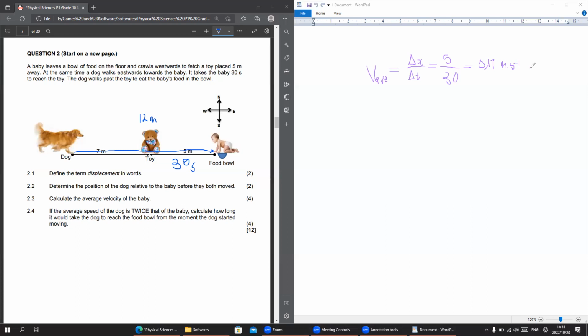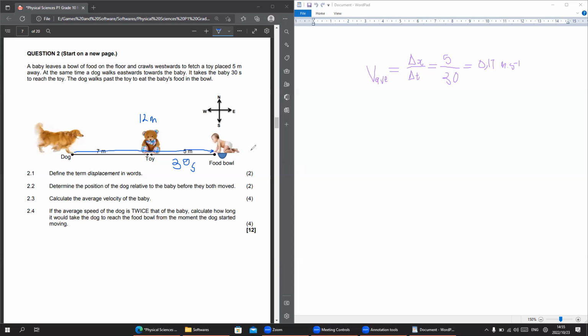So Hendrix, were you able to get that? I got that answer, but I wrote west. I don't know if you must write the direction. Oh yeah, you also have to write the direction because here it's 4 marks. So it's gonna be 1 mark for your equation, a mark for substitution, a mark for your final answer, and a mark for the SI unit and direction.